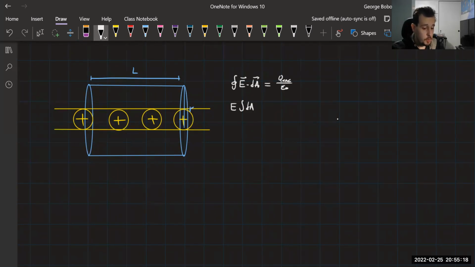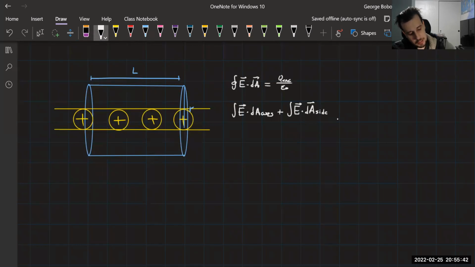But before I do so, notice for a second that this integral can be broken down into the integral of E dA of the caps, plus the integral of E dA of the side here.